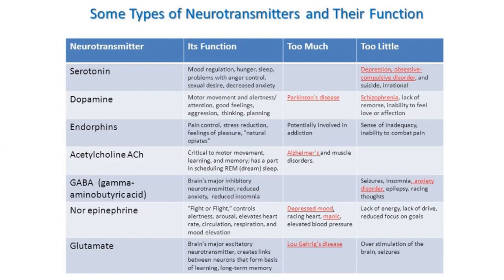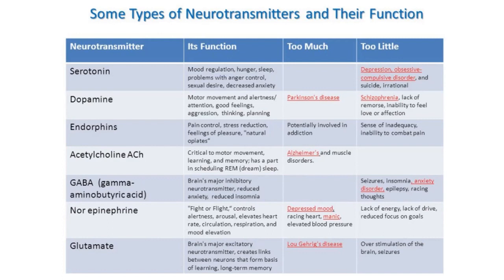Norepinephrine, fight or flight, controls alertness, arousal, elevates heart rate, circulation, respiration, mood elevation. If it is too much, it leads to decreased mood, racing heart, manic episodes or elevated blood pressure. If it is too little, lack of energy, lack of drive, reduced focus on goals.